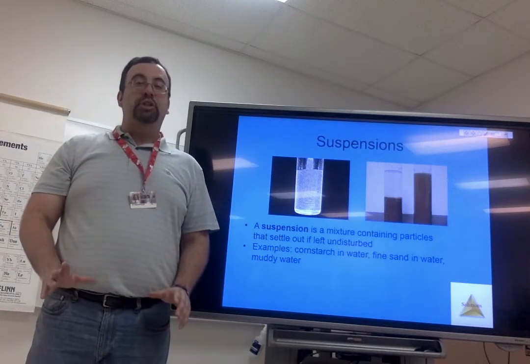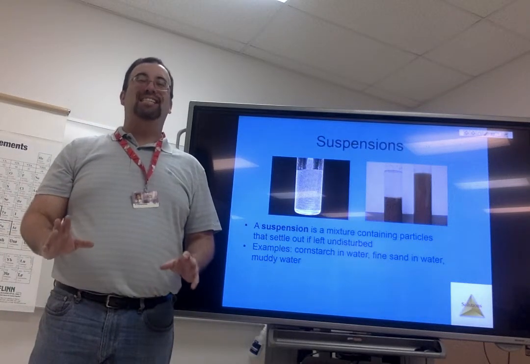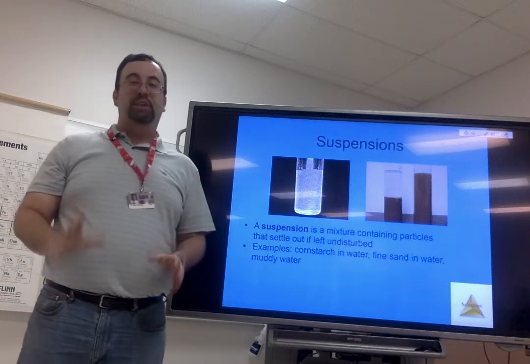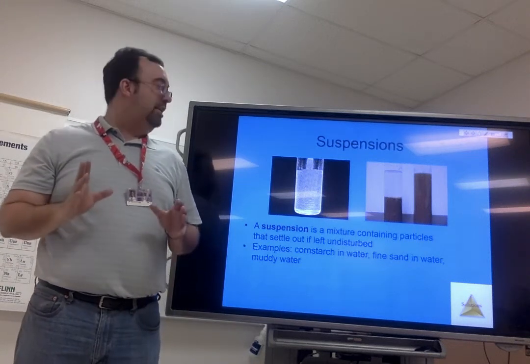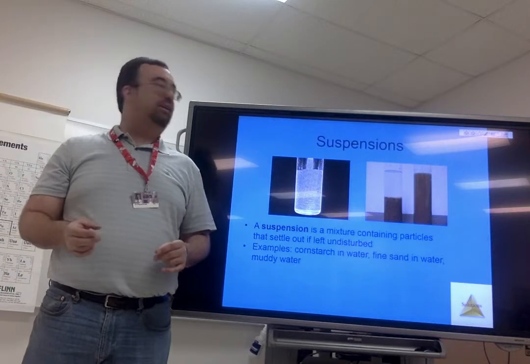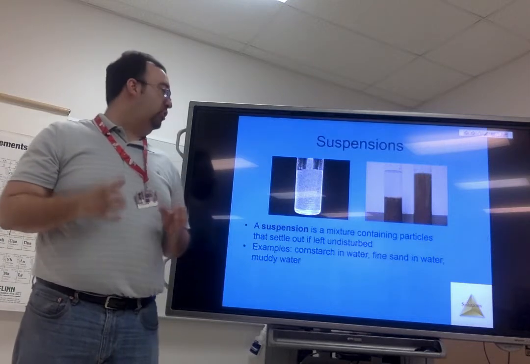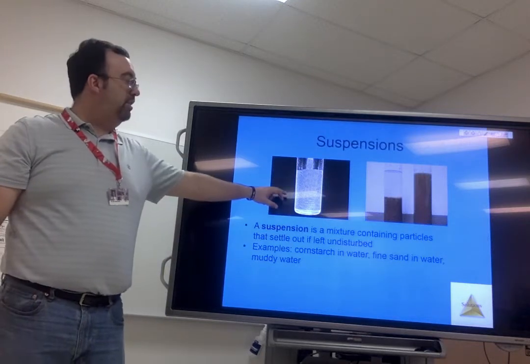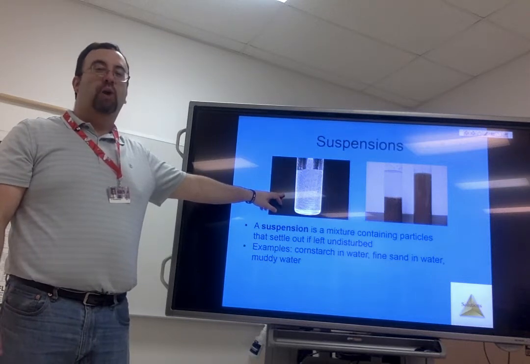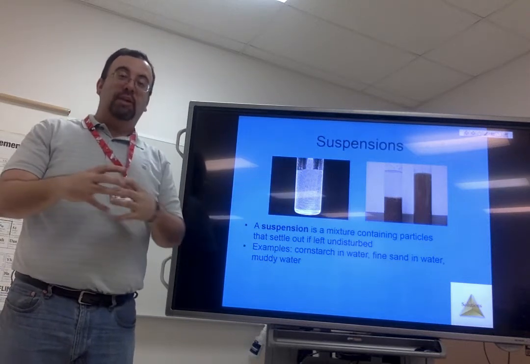Another type of mixture is called a suspension. And so a suspension is a mixture that contains particles that settle out if left undisturbed. An example of this, if we took cornstarch and water, that's together at first.